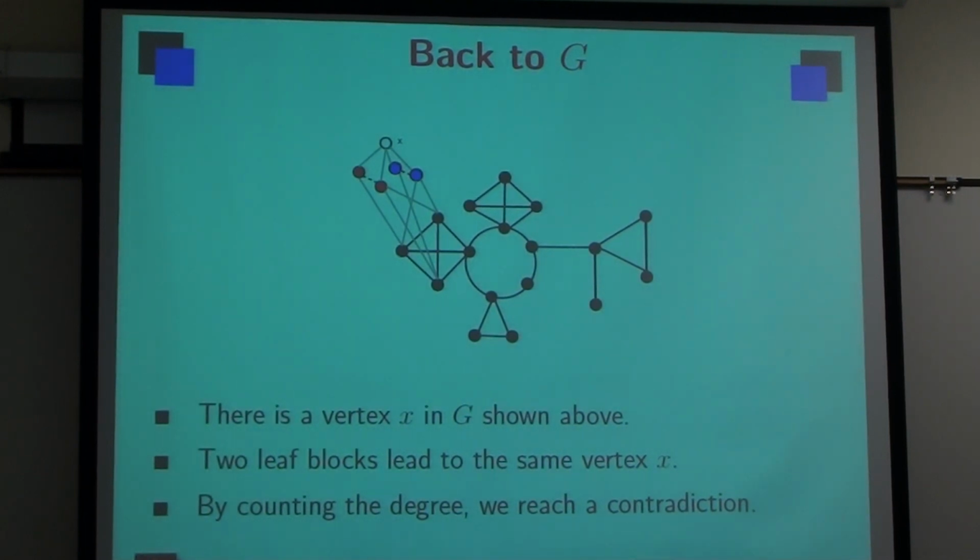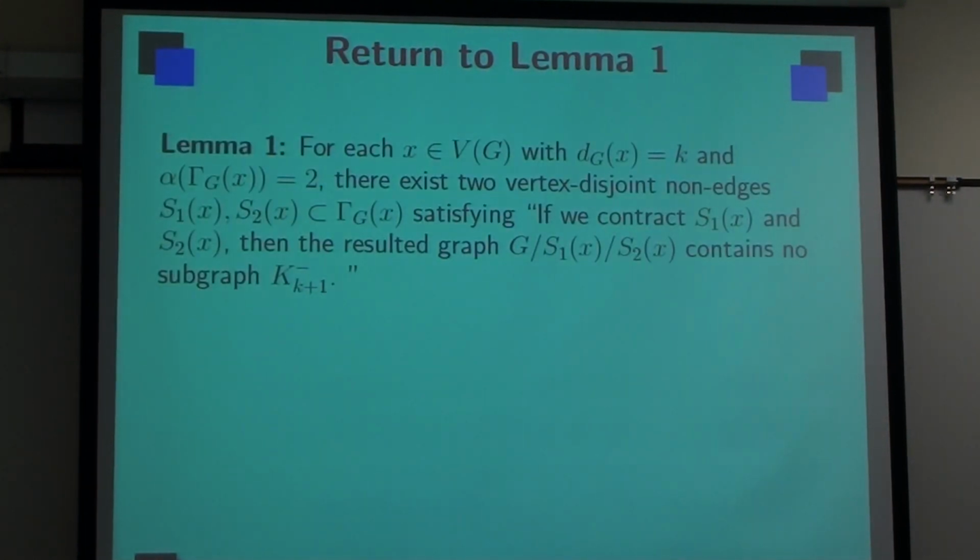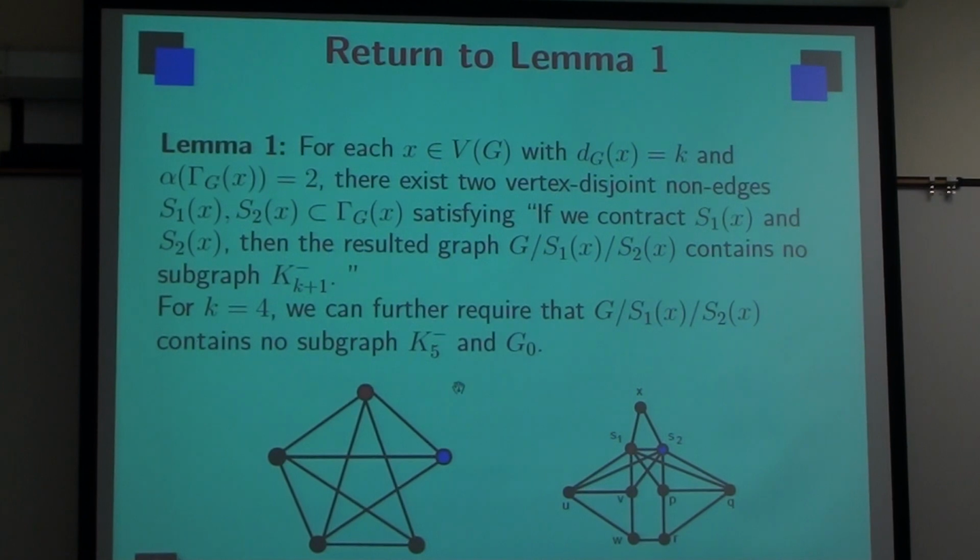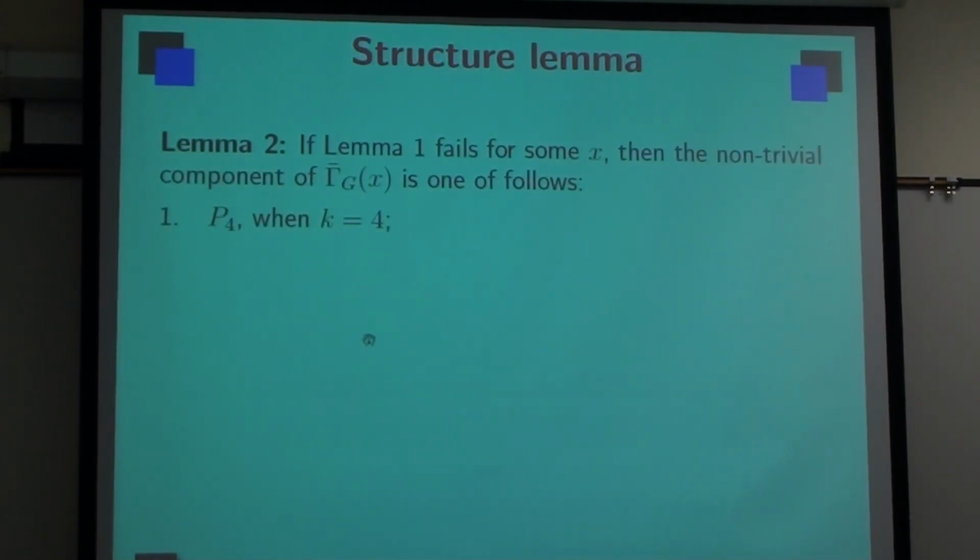So that's our goal. Let's return to the lemma. We want, in some way, to look at the neighborhood, find a pair of nonadjacent edges, and contract them. And after contracting, the result contains a complete graph minus 1 edge. So what if it fails, what will happen?